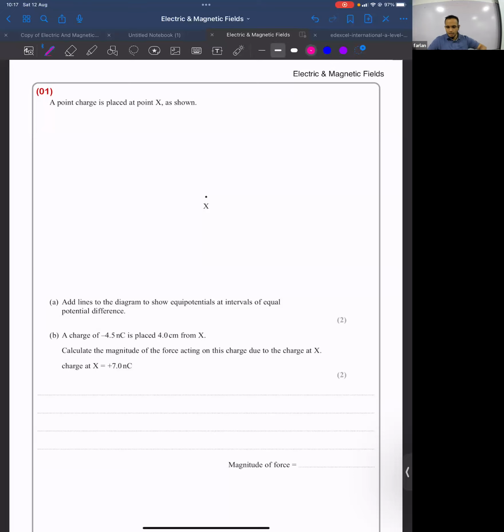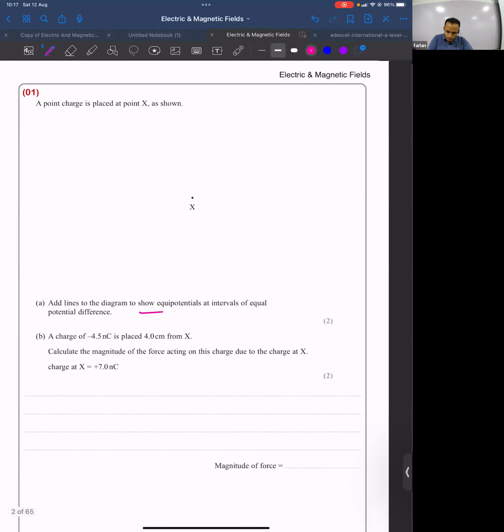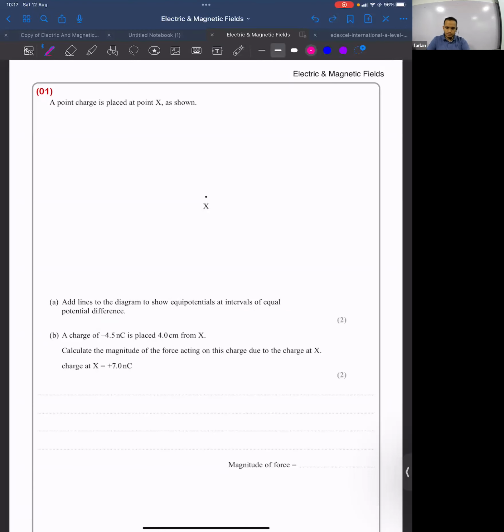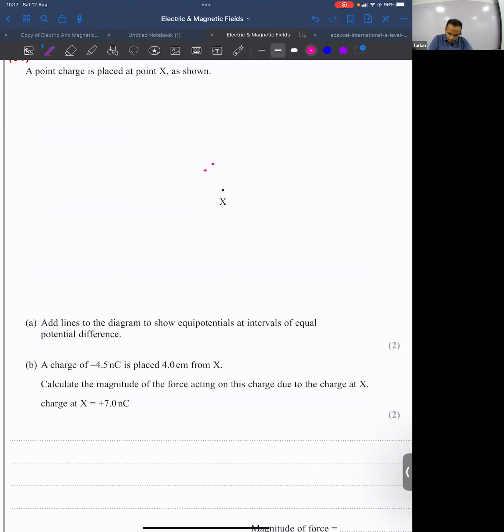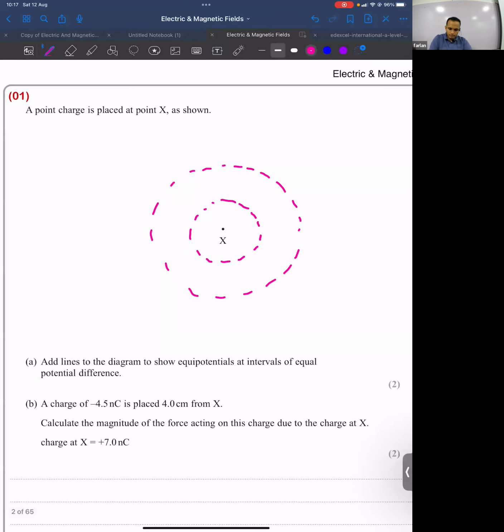What everyone did to add lines to the diagram to show equipotentials at intervals of equal potential difference: you saw it, and you drew a circle from point X with a certain radius, and you doubled that radius and drew another equipotential line. If you wanted another one, you tripled that radius and drew another line. So let me explain the math behind this. Listen to me.